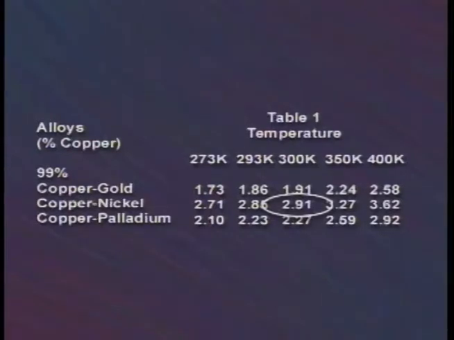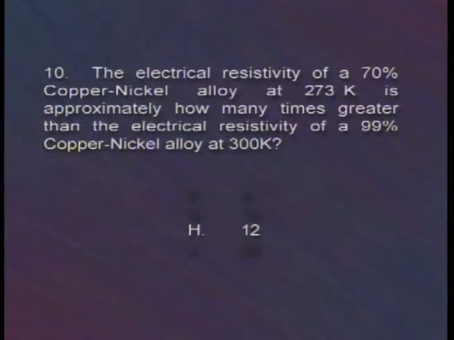If we round the 2.91 to about 3 and the 36.67 to either 36 or 37, then it seems that the first value is about 12 times larger than the second value. Option H is the best answer. Options F and G are too small, and option J is too large. The correct answer is H.